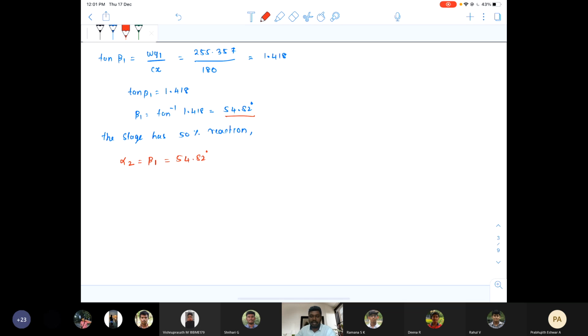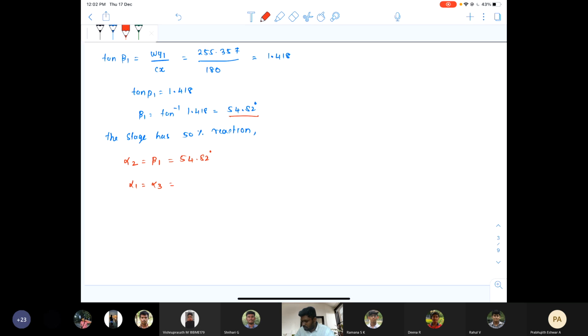This we have already seen while deriving the equations for efficiency and in the stage velocity triangle, and the value of alpha 1 is equal to alpha 3. This too we know that the value of alpha 1 is equal to alpha 3, which is equal to beta 2, which is equal to 25 degree.